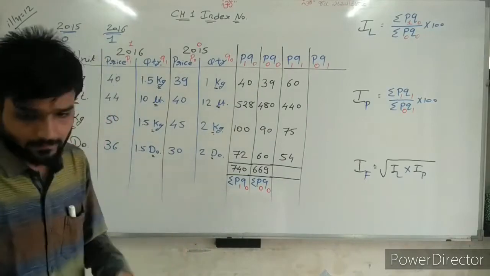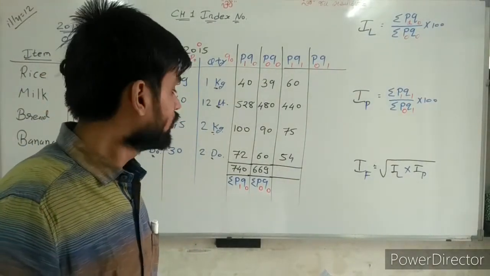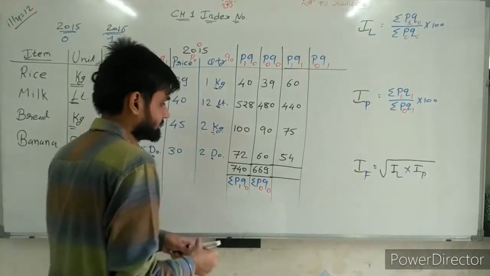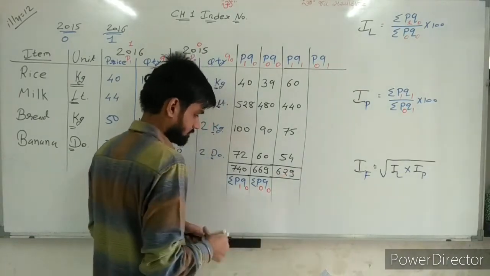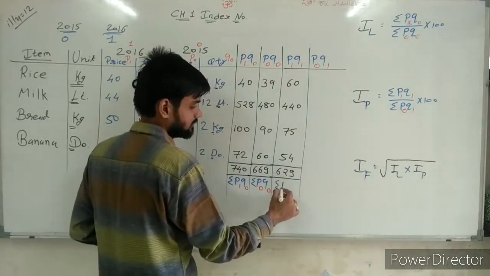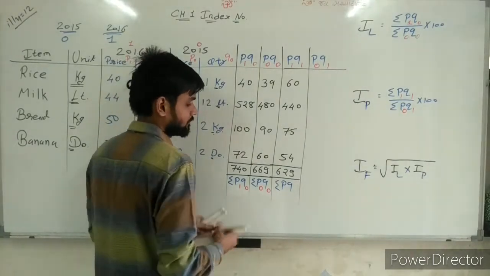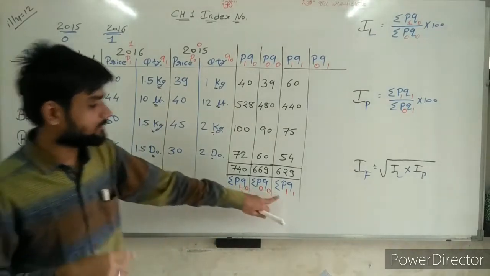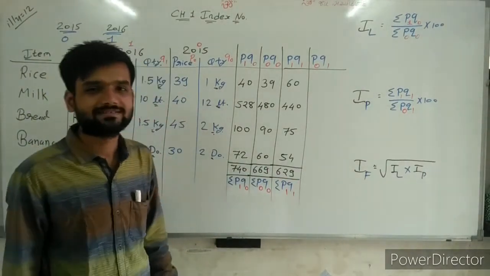Make the total of these: 60, 440, 75, 54, and the total of it is 629. Sigma P1 Q1 is 629.